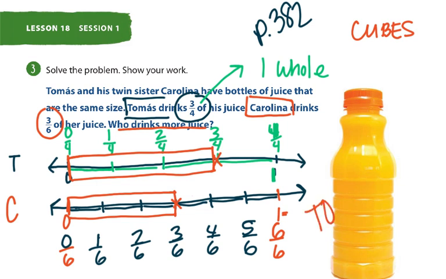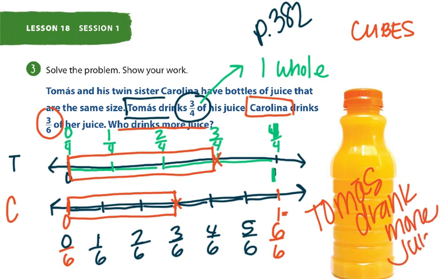So I would write Tomas drank more juice. Okay? All right, I'm not going to do the number 4. Check your work because all of this drawing using the CUBES strategy does that for us.